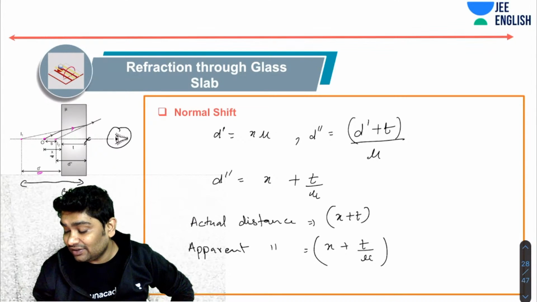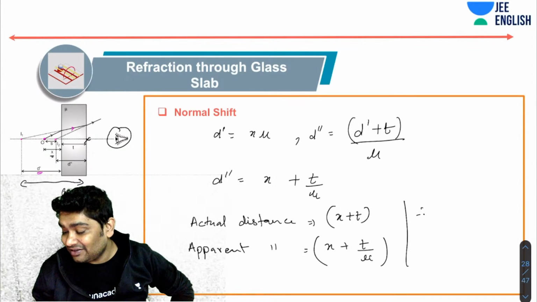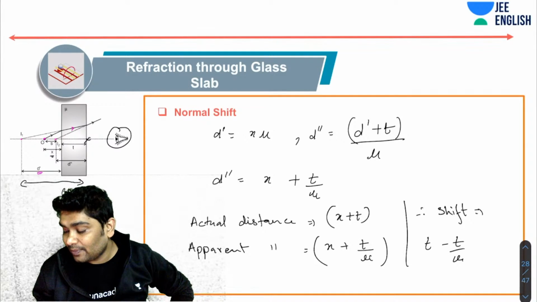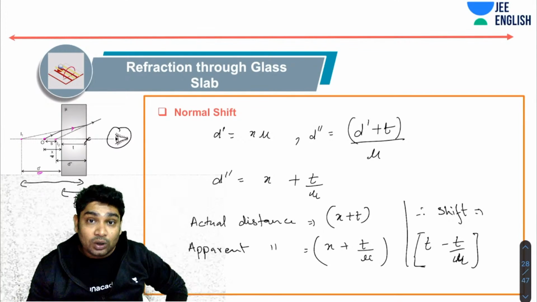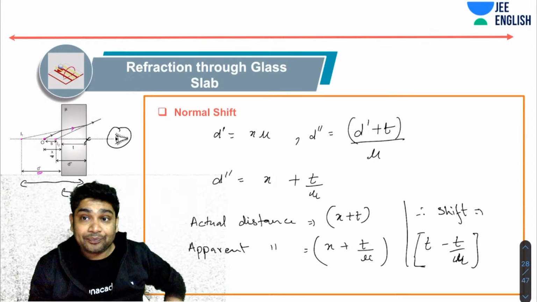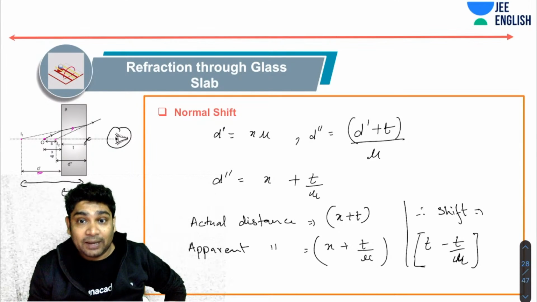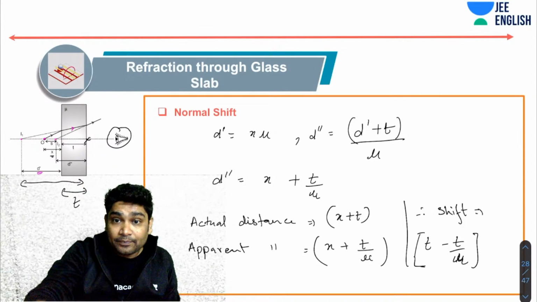Therefore, how much has the image shifted? Shift would be t minus t over mu. So please note, whenever any object is seen through a glass slab, it appears shifted, and it appears shifted by this amount.